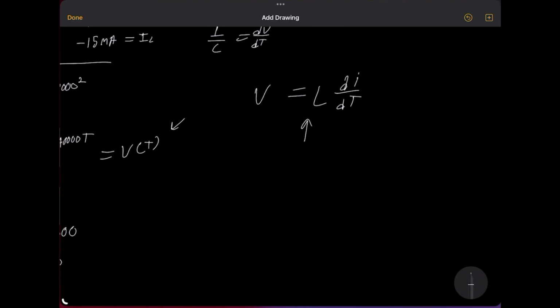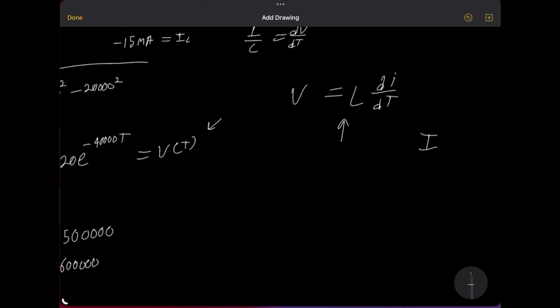If we divide everything by L and then grab the integral, we will get I. So if we divide 70 by L, which is 0.25, and then since instead of multiplying by negative 10,000 for derivatives, we're going to divide by negative 10,000. So we're going to get negative 0.28 milliamps.